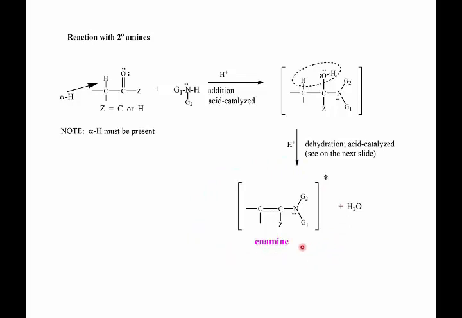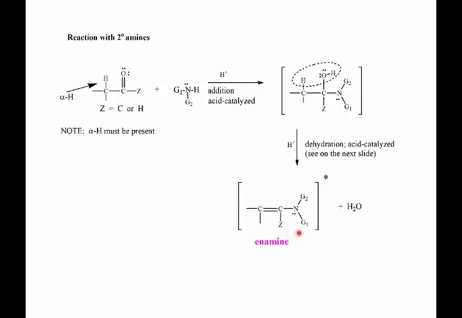Let me comment a bit on the nomenclature here. Enamine reminds us of this special high-energy species called enol, which is a CC double bond with a hydroxyl group, an OH group, attached. Enol, double bond alcohol. This is an amine group, so the name ene for the double bond and amine follows.